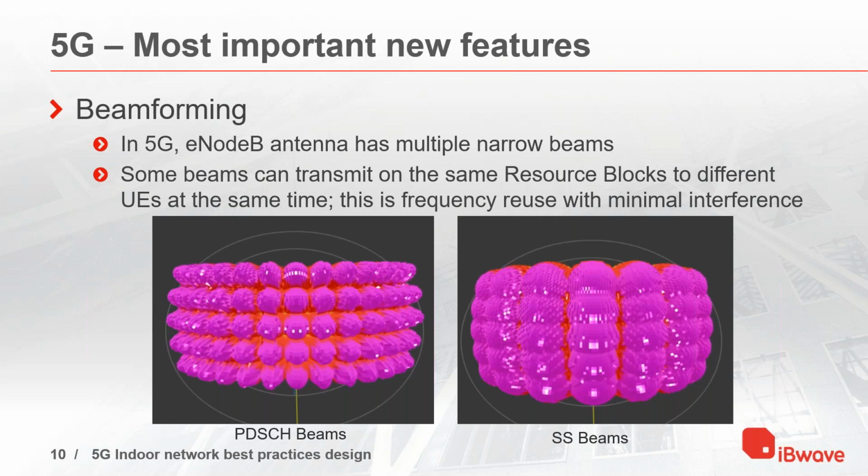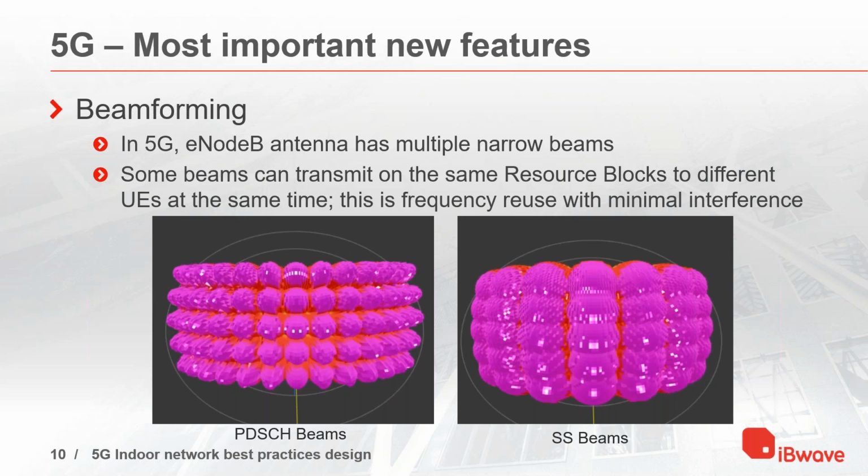You can decide that each beam will have the same frequency band at its disposal, or you can split the band into two and assign one half of the band to some beams and the other half to other beams. We have seen it done both ways.